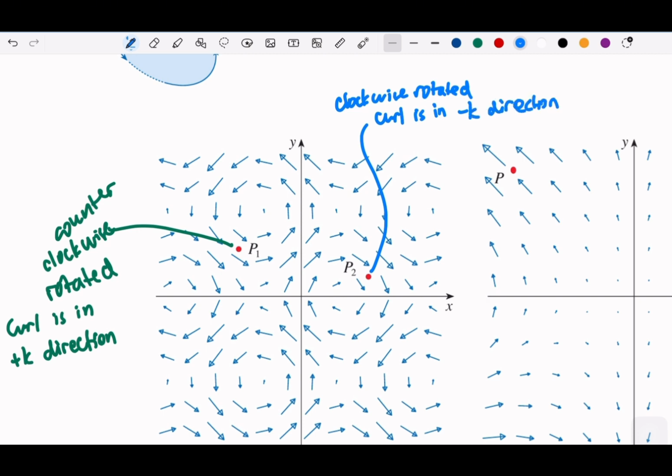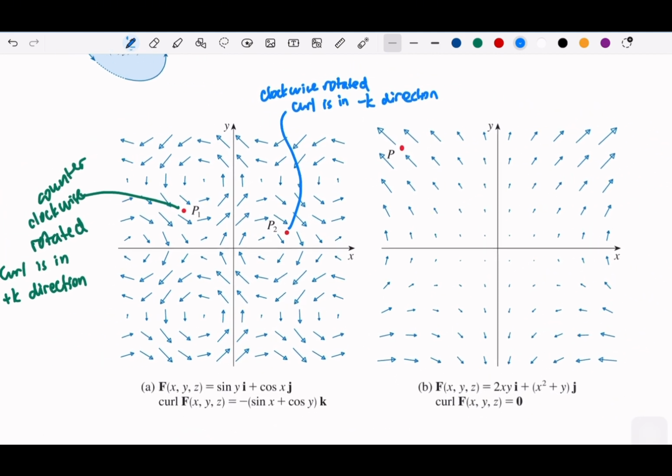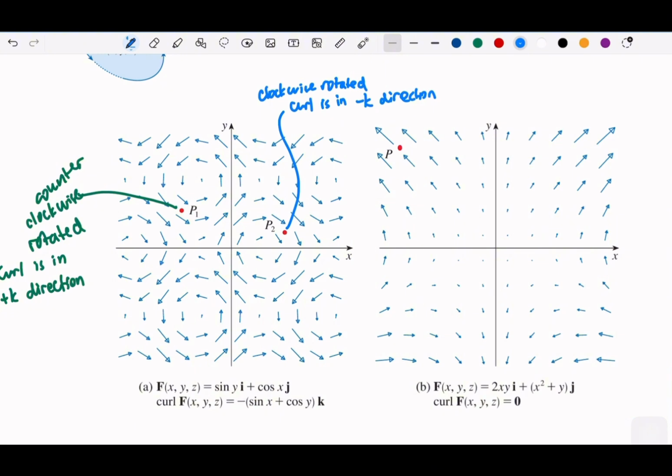And if we compare to the right figure, the point P doesn't have any relation with rotation because it isn't connected to any rotational movement. So we call this irrotational, or if we compute the curl, it's zero.